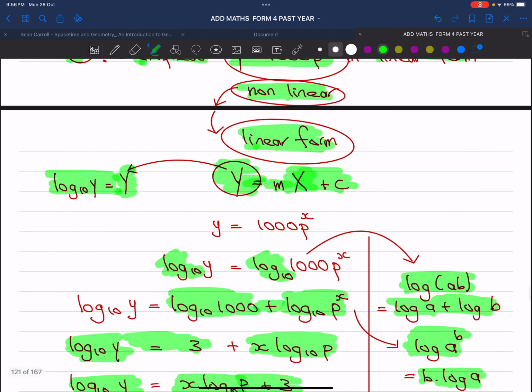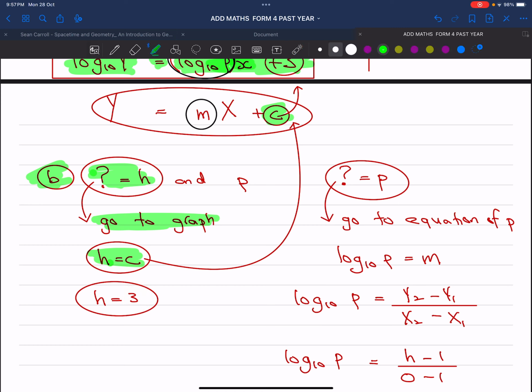Here, the c was 3 by comparing the linear equation to y equals mx plus c. The c is 3. Therefore, I substitute c with 3 and I get my answer h equals 3.